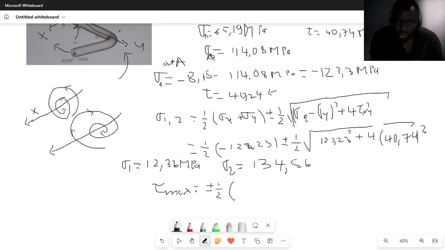Now you have these two stresses added together, which gives you, they got plus minus 73,45 megapascal.